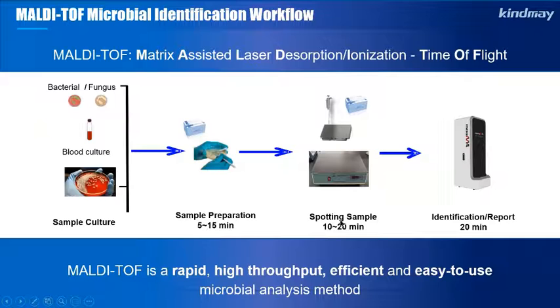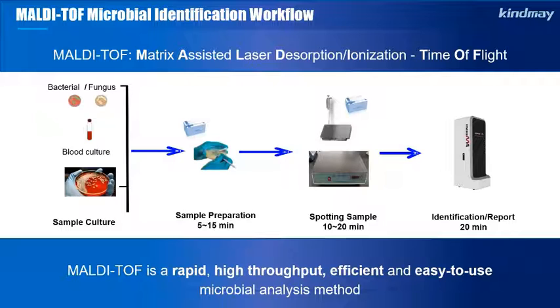And the third step is sample spotting. After the sample preparation, we need to add the sample solution and the matrix solution together onto the target plate. This is a target plate. The matrix solution is very important for the identification. After the sample spotting, we put this target into the MALDI-TOF, and it will automatically identify.